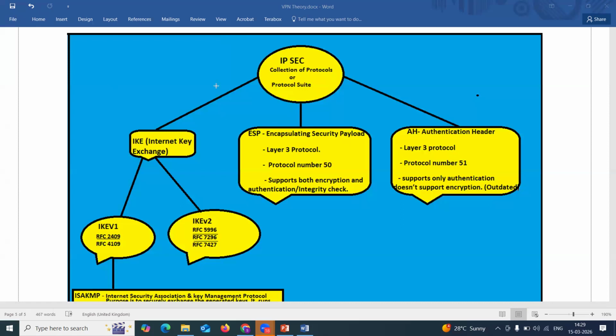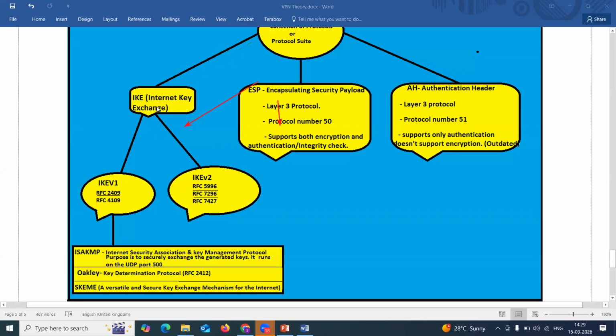Under the IPsec, we have multiple protocols. We have IKE, ESP, and AH. For your information, guys, IKE is not a protocol actually. So why do I call it protocol? Under IKE, we have multiple protocols. What is IKE?